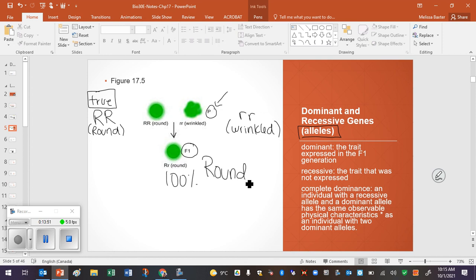And so if we consider what that F1 generation should have inherited from the parent on the left, the round one, it had to have passed on the round allele. That's the only allele it had. The parent on the right had to have passed on the wrinkled allele because it's the only one it had.